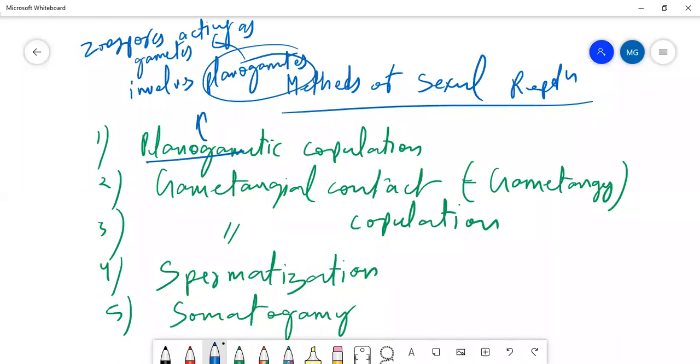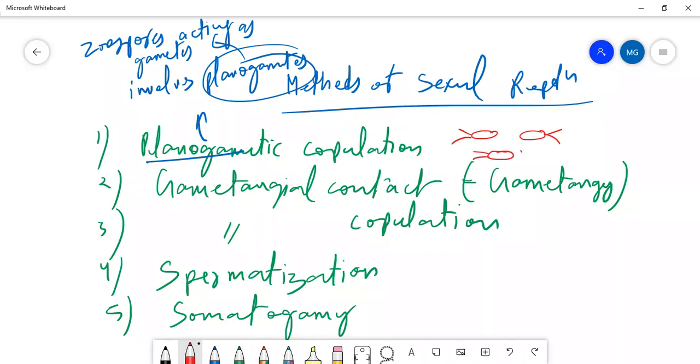Now look, planogametic copulation is very clear. In planogametic copulation, 2 such planogametes come together. But they are structurally the same. Remember, structurally you cannot demarcate them. They come together, conjugation will take place.